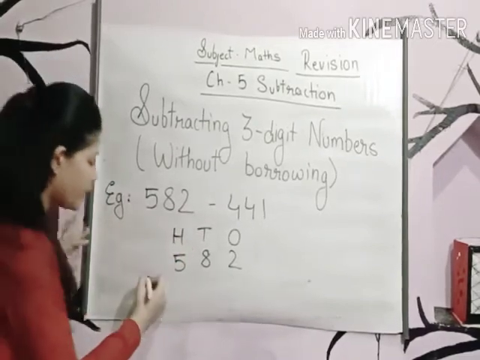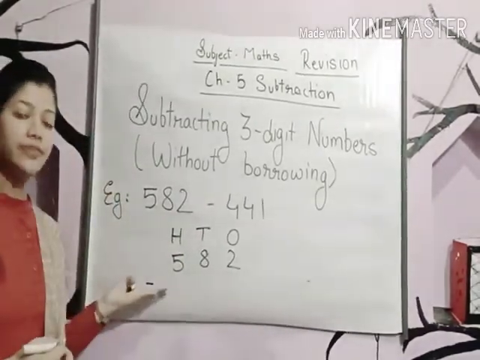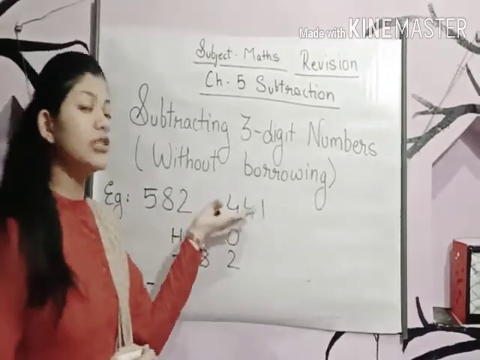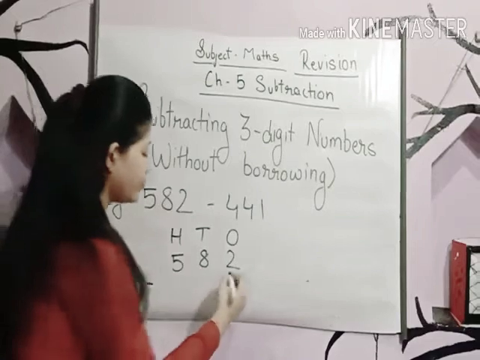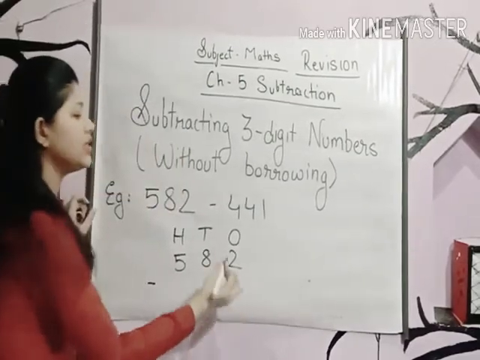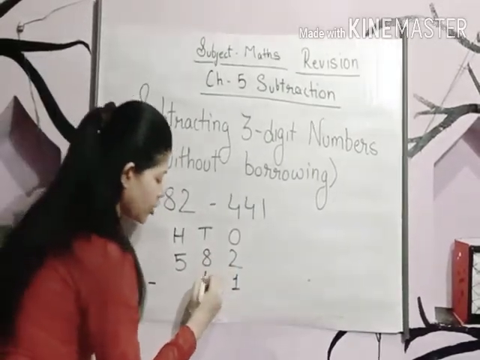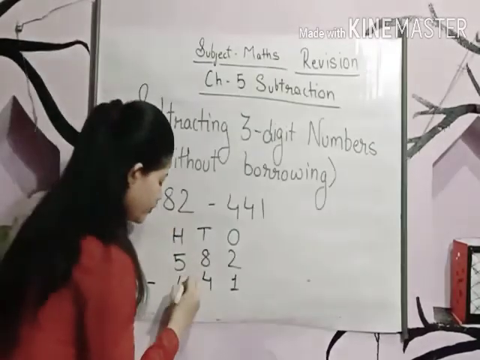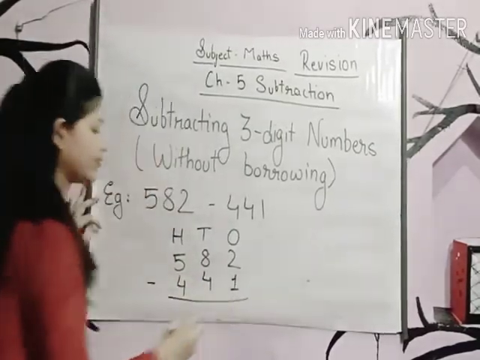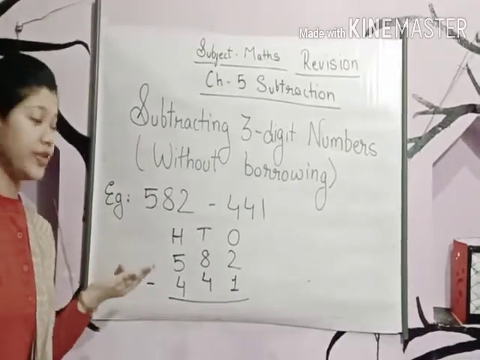Clear? Now we will put the subtraction sign, minus. Then let's come to the subtrahend, the second number, where 1 will be placed under the ones column, 4 under the tens column, and another 4 under the hundreds column. Now let's subtract and find the difference.